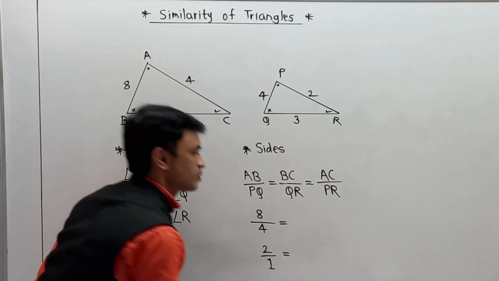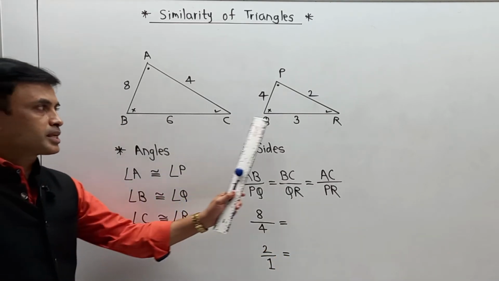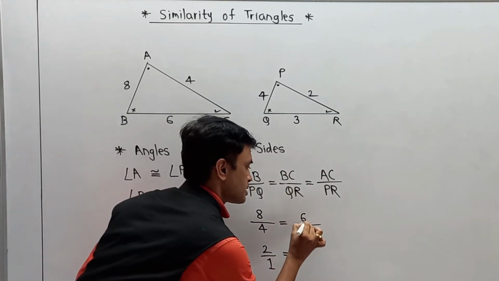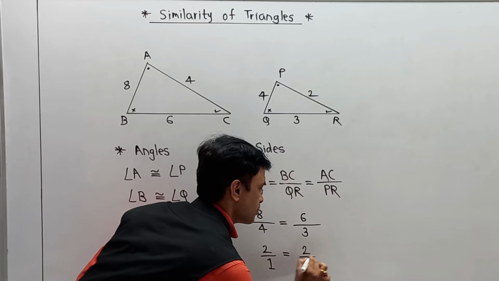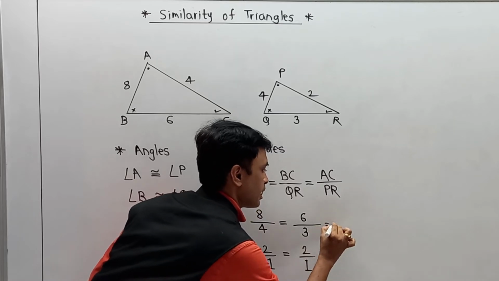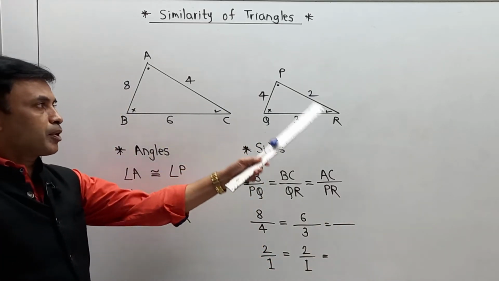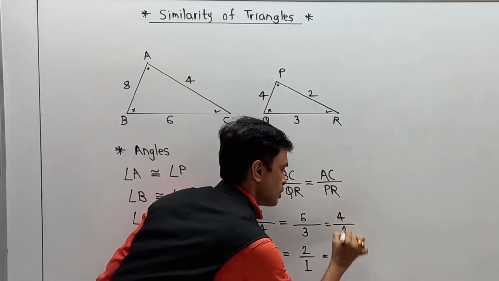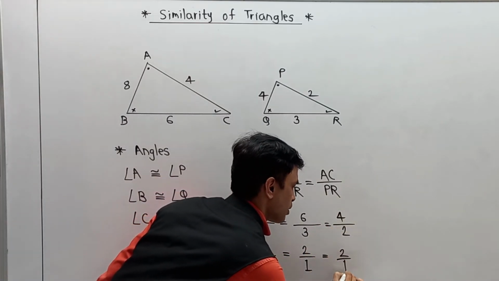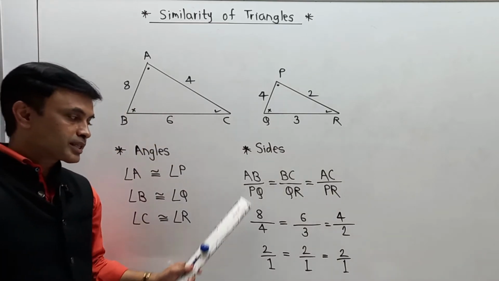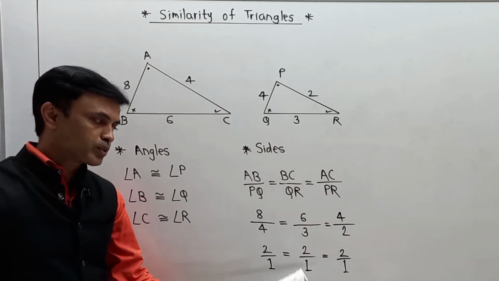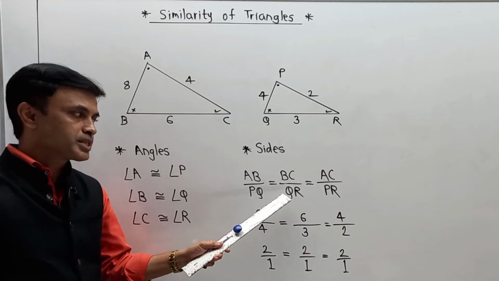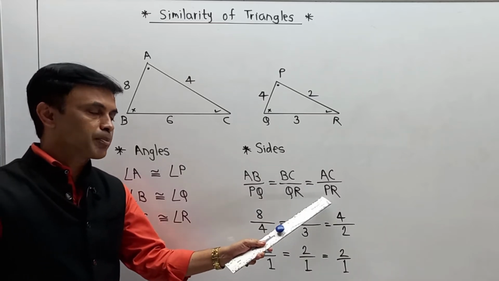Next, BC upon QR means 6 upon 3, which again simplifies to 2 upon 1. And AC upon PR means 4 upon 2, which again is 2 upon 1. So the sides are in proportion, the ratio is 2 upon 1, 2 upon 1, 2 upon 1. It indicates that AB upon PQ is equal to BC upon QR is equal to AC upon PR.